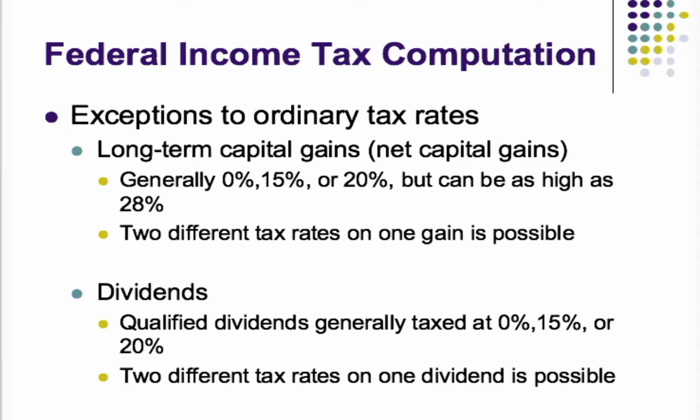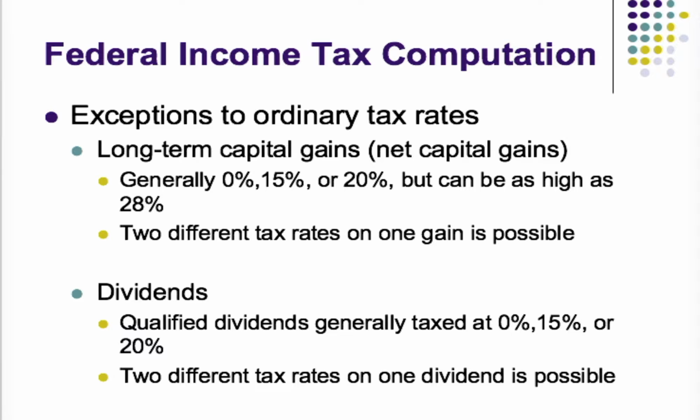Now the brackets that we looked at in the previous slide were the ordinary tax rate brackets, but we do have some exceptions to those brackets, which we've talked about at least a little bit. Long-term capital gains, the net capital gains when we combine long-term capital gains and capital losses, whatever the net capital gains are, depending on what your ordinary income tax bracket is, are generally taxed at either 0%, or at 15% or 20%.